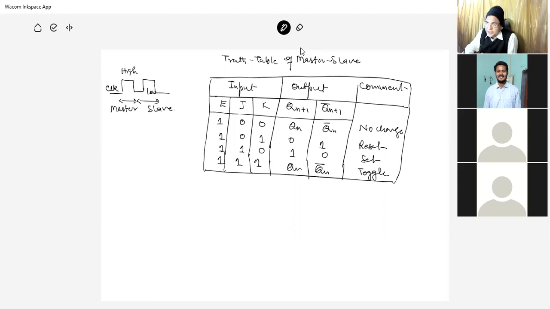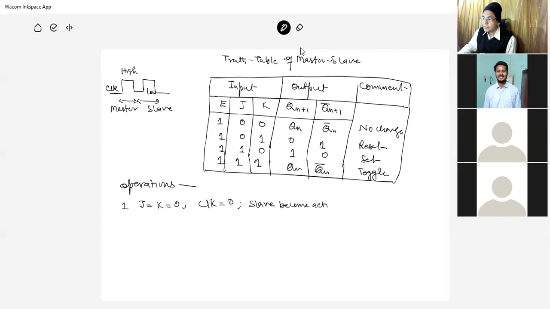Now, from the operation point of view, if you like to discuss the operations, then J is equal to K is equal to 0 and clock is 0. Clock is 0, slave becomes active, and master is inactive.